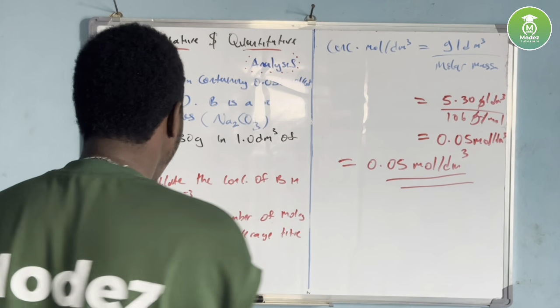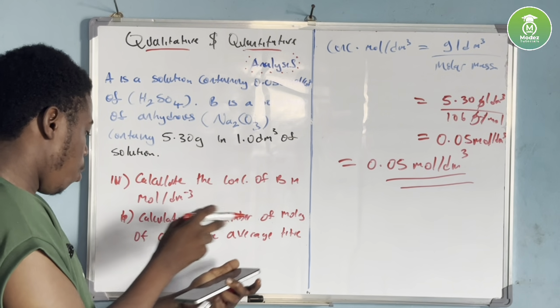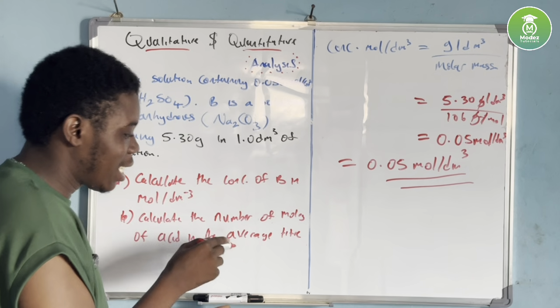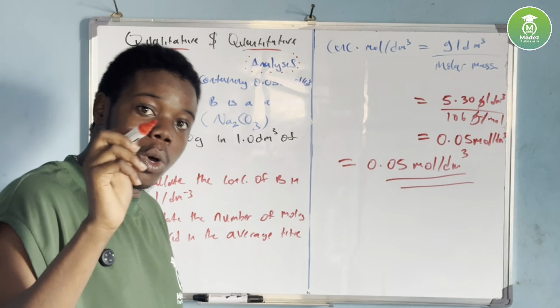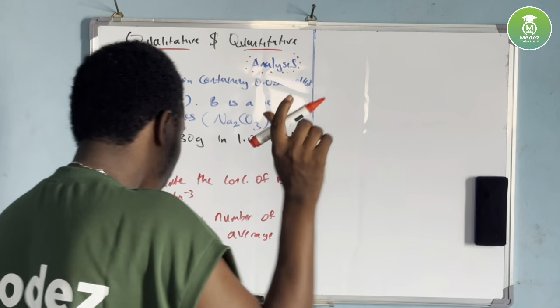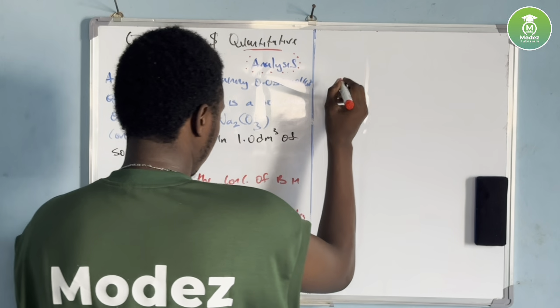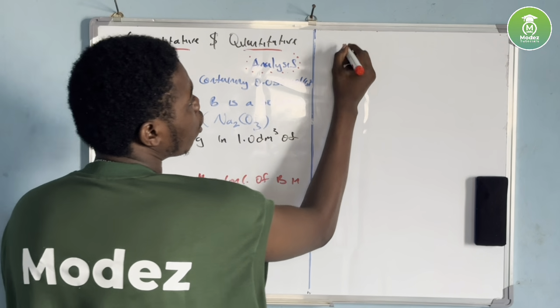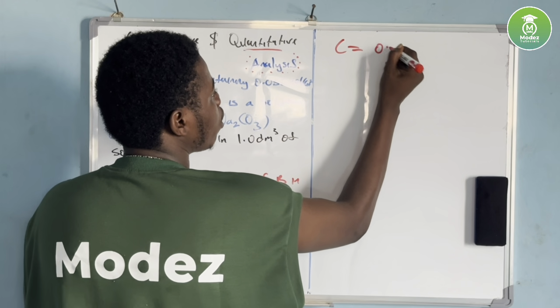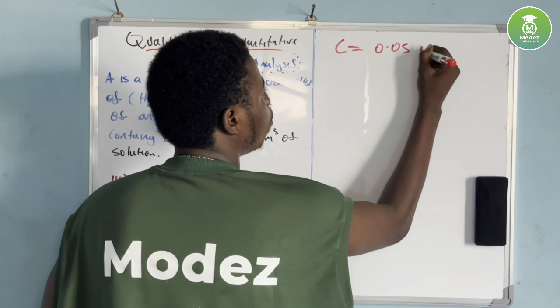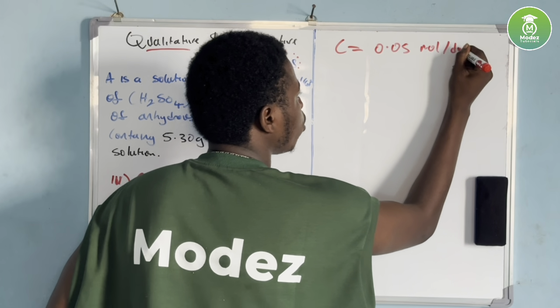Now, for the next question, they said calculate the number of moles of acid in the average titer. Now, to calculate the number of moles, what is the formula you use? Don't forget that we know that the concentration of the acid is 0.05 mole per dm cube.